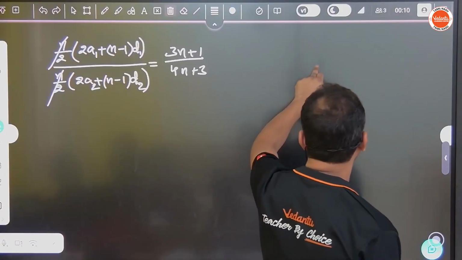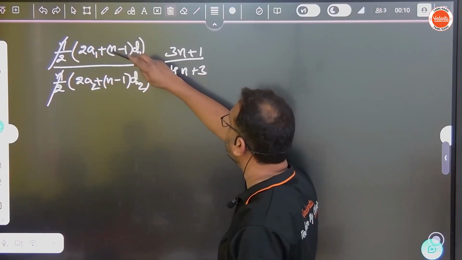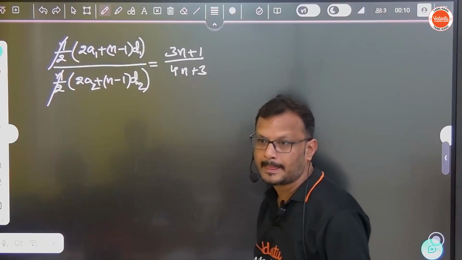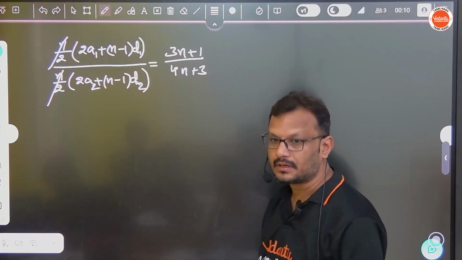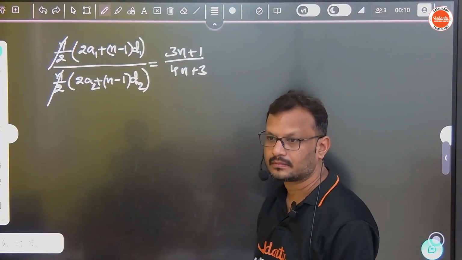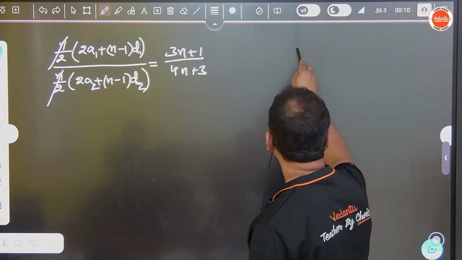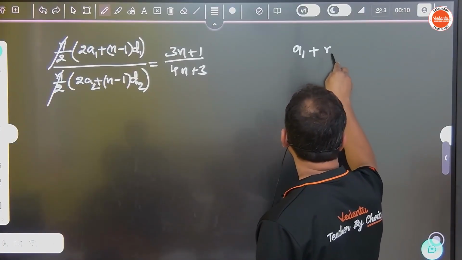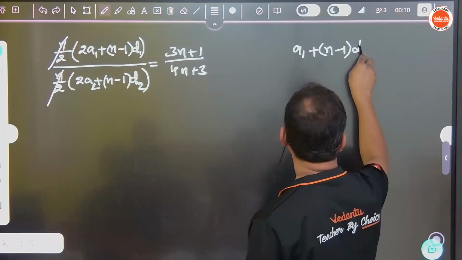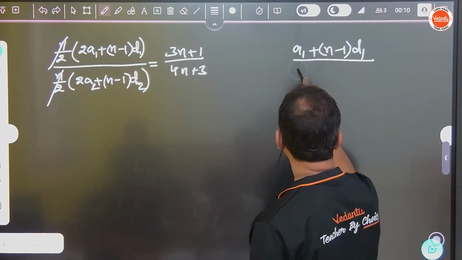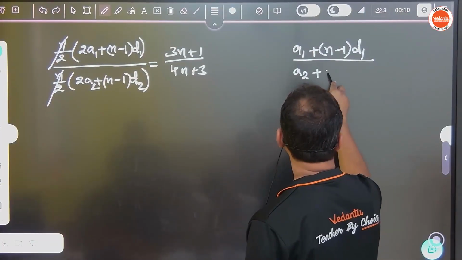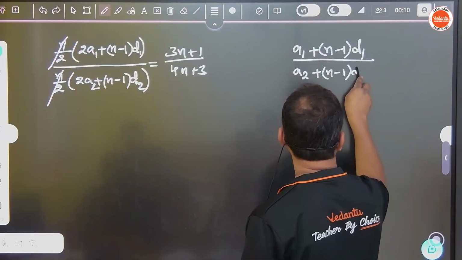For example, take the first AP. Tell me what is the nth term? A1 plus n minus 1 into D1, by the second AP, A2 plus n minus 1 into D2.